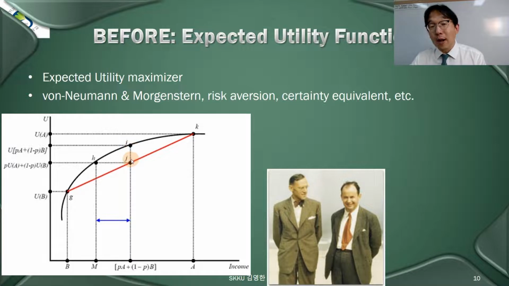Why? Because there is an uncertainty that I may end up with nothing. But I would not be that miserable, because I also have a probability of ending up with $1 million over there. So the weighted average of these two, that's J. This point is J. Did I say F? No. This is J. Sorry about that. Anyway, so that's that.